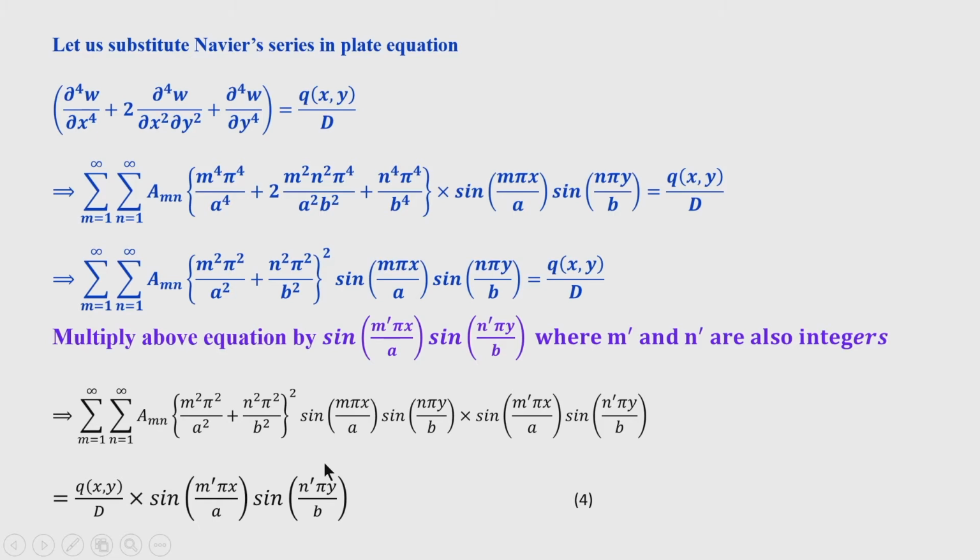We have taken the origin of the coordinate system as one of the corners of the plate, the left-hand side top corner. So, along the x direction, the range of x is 0 to a, and along the y direction the range is 0 to b.